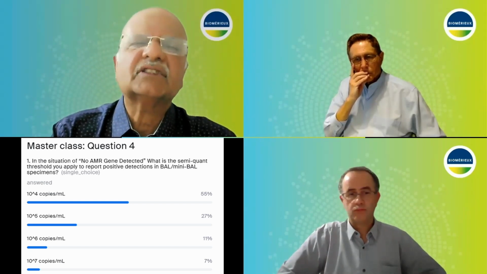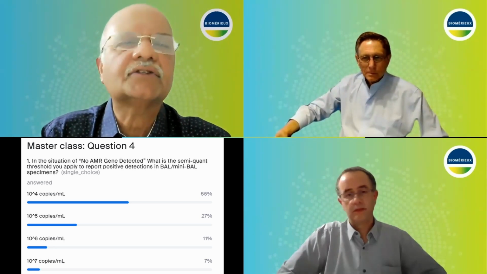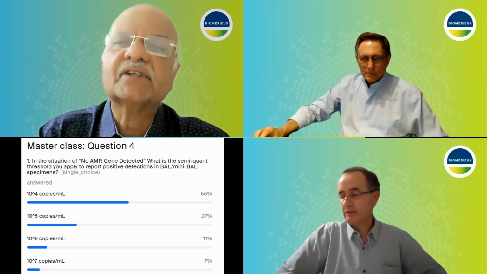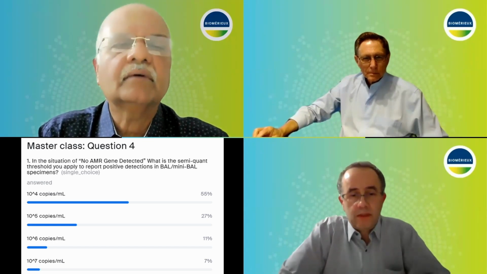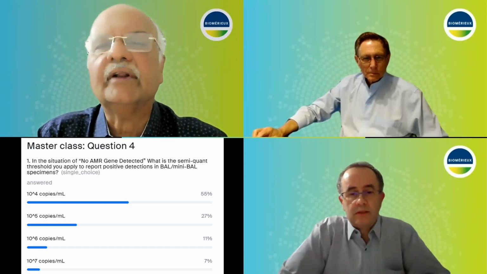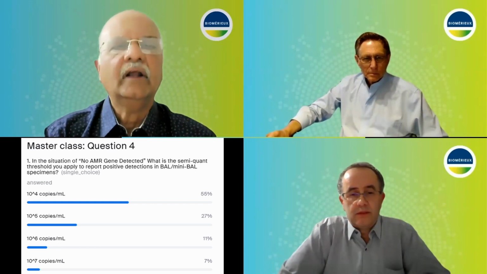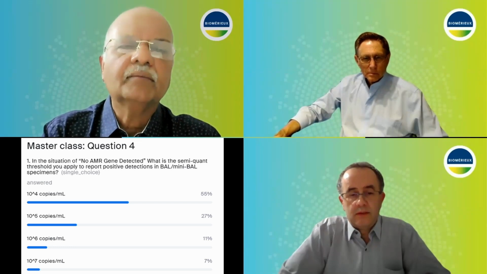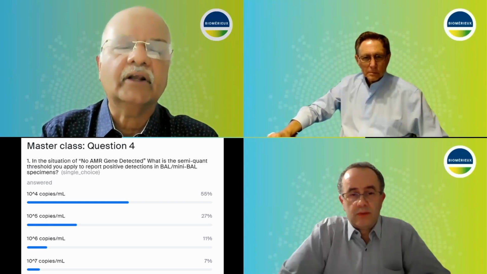Can I take this question? Dr. Septimus already told us about the previously published data, which talks about 10 raised to 4 for BAL specimens. I don't know really what the threshold is for mini-BAL. But for BAL, it has been found to be 10 raised to 4. For the protected specimen, 10 raised to 3. And obviously 10 times lesser if the patient has been on an appropriate or relevant antibiotic.